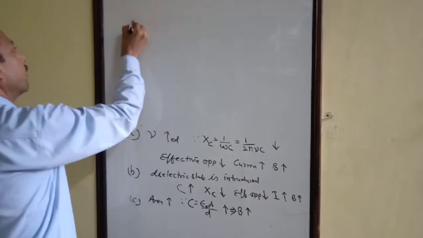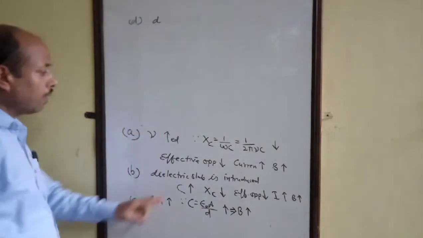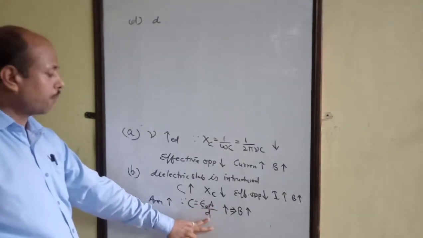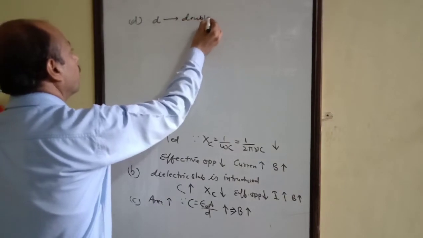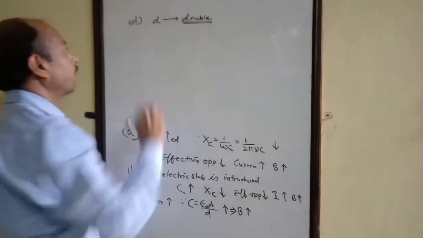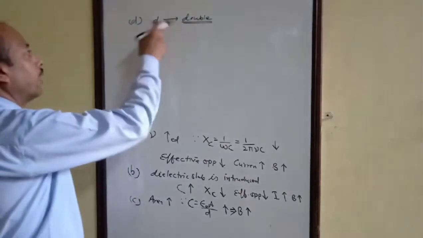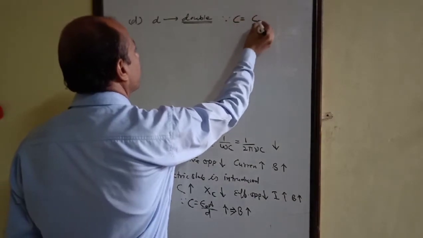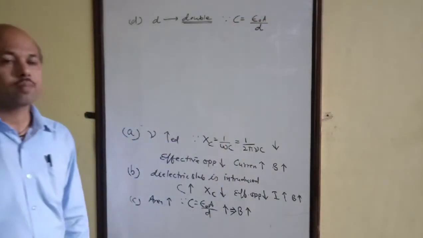D part, we can say the distance between the plates of the capacitor becomes double. Now the effect will be quite different since C equals epsilon naught A by d.